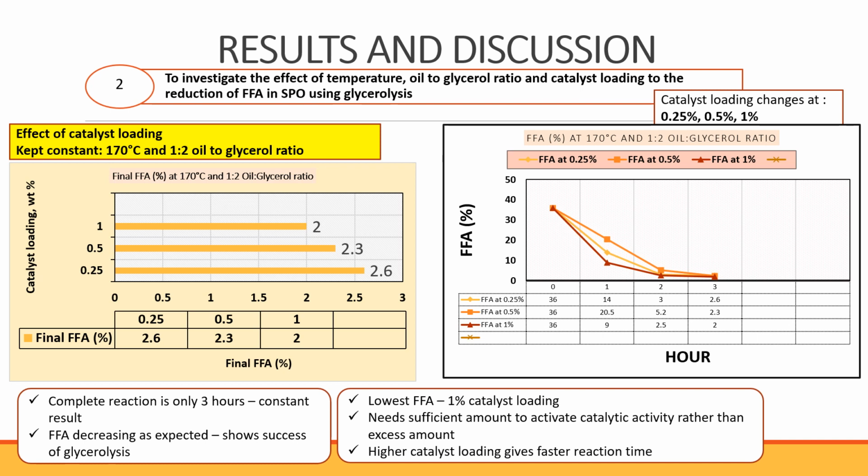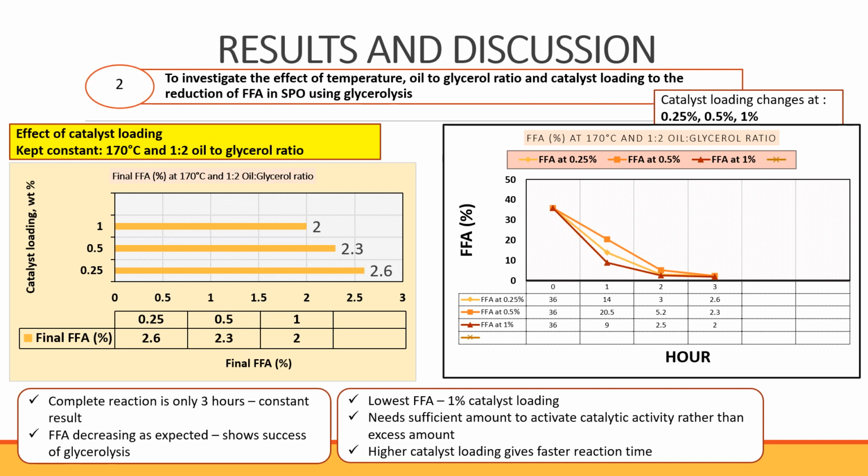So yeah, the lowest temperature gives the lowest FFA for the 3 catalyst loadings at these parameters, which are 2%, 2.3%, and 2.6% FFA, which is lower than the 3% that we want.